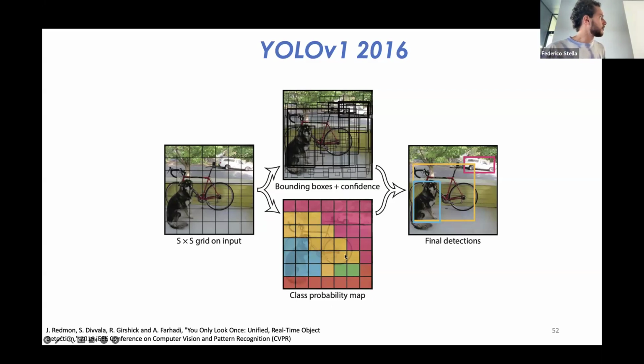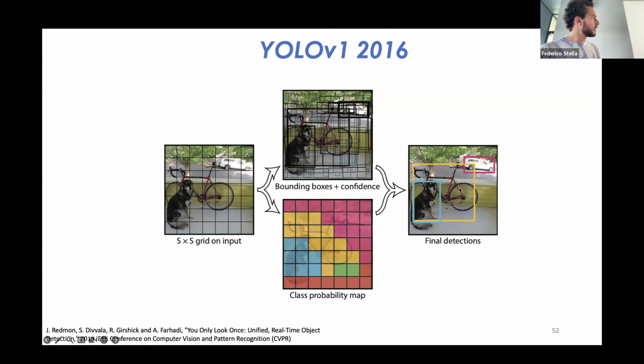And here we have a class probability map, because the probability is not related to the bounding box, but to the cell itself. You can see this as a segmentation map. It's a very coarse segmentation map. It's not pixel by pixel, it's square by square, but it gives you an idea. It's a decent segmentation for the resolution, I would say.